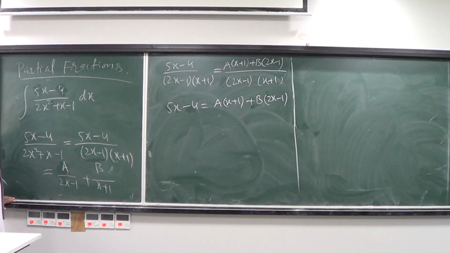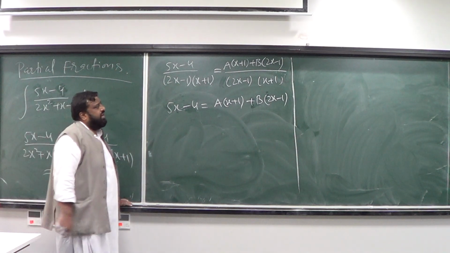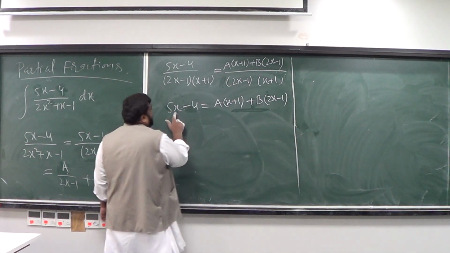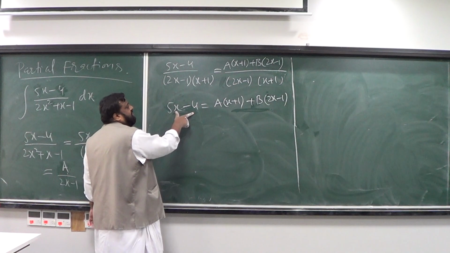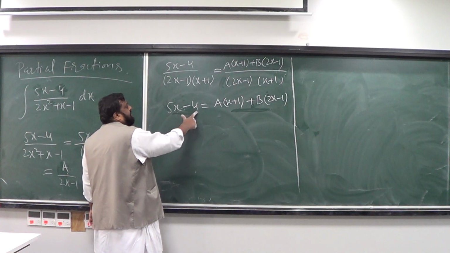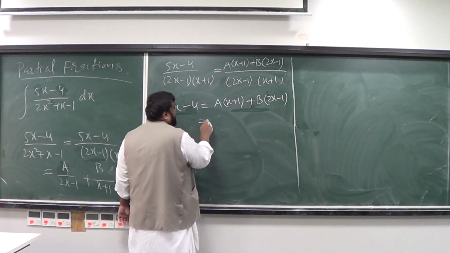And our task is to find A and B. Okay? Find the constants. So an easy way of finding them is to try to write this expression in terms of such an expression, like some constant multiplied by x minus c. So it's a linear expression. So can I write something similar to this? The answer is you can do it.